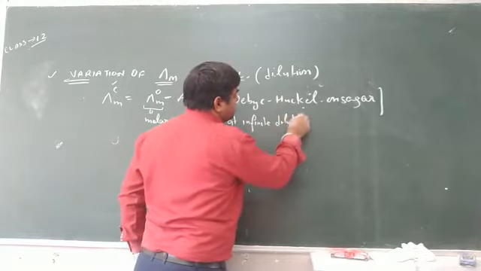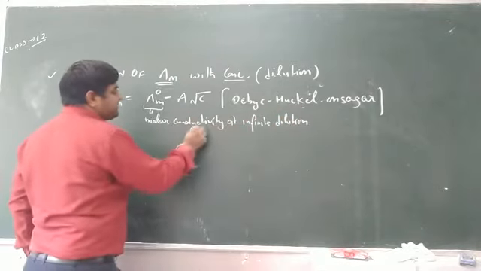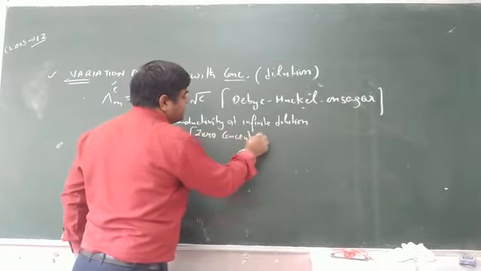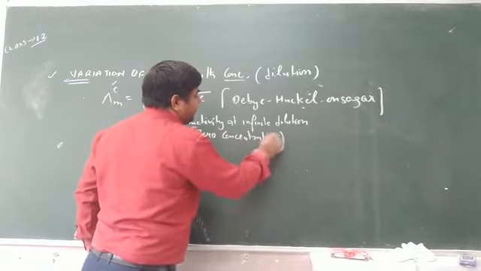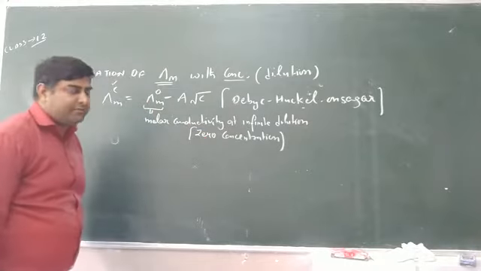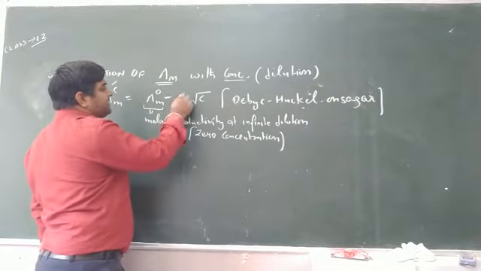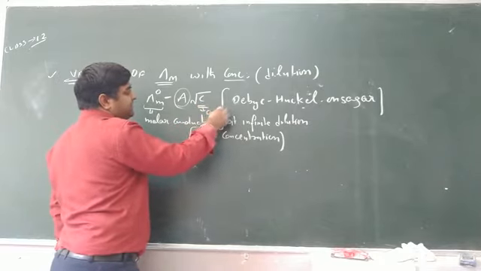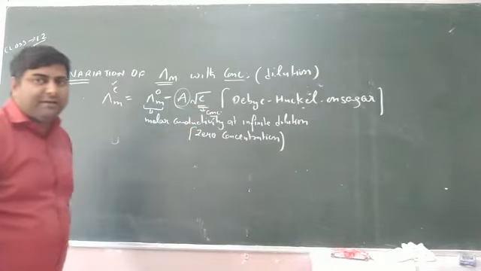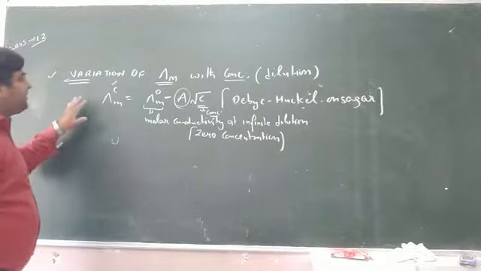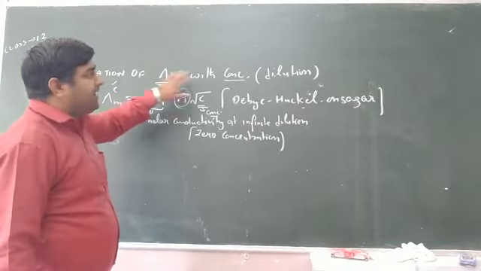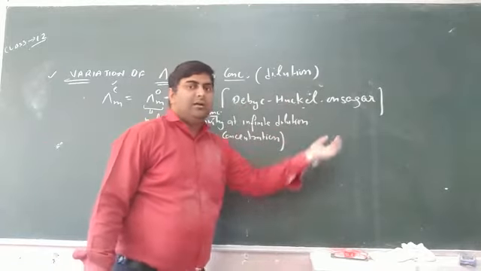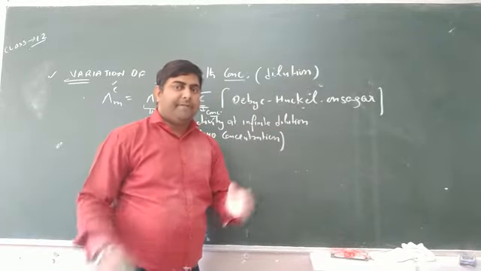In some books it is written at zero concentration. If concentration is zero, it means dilution is infinite. A is a constant, and C is concentration. So a mathematical relation between the variation of lambda m with concentration is given by Debye-Huckel and Onsager.